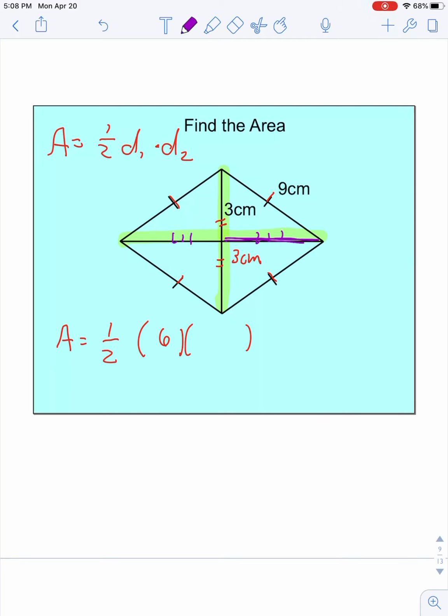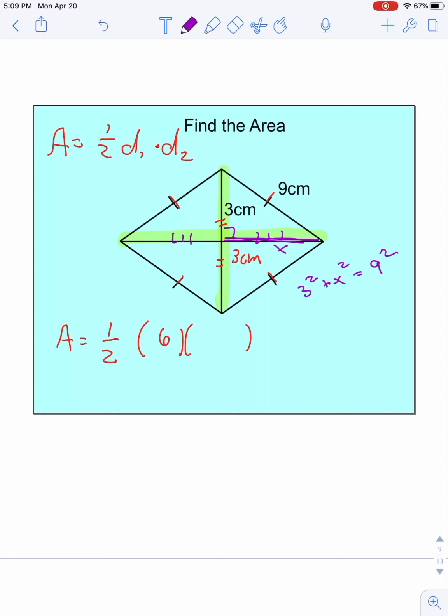Well, I know that in a kite and in a rhombus, remember, our diagonals are perpendicular. So I can use the Pythagorean theorem to find this piece. I'm going to call it x. So I'm going to take 3 squared plus x squared, and that's going to equal 9 squared.